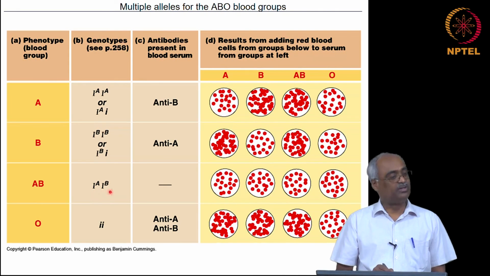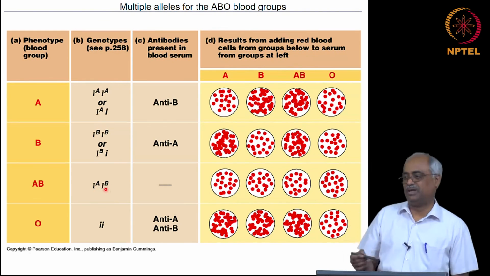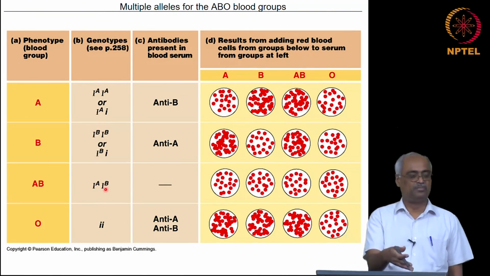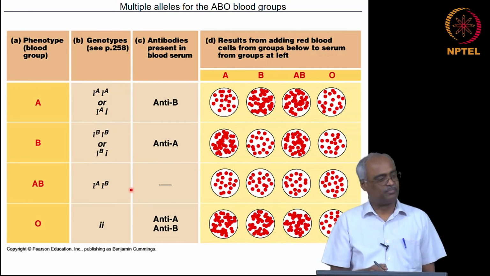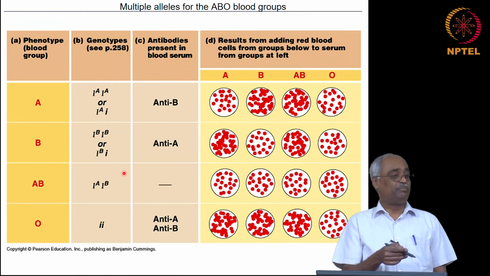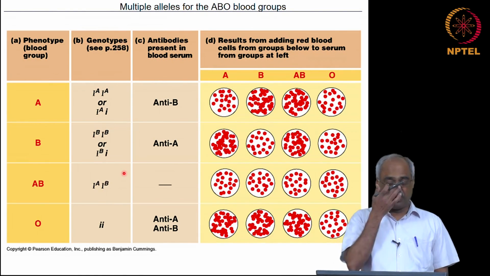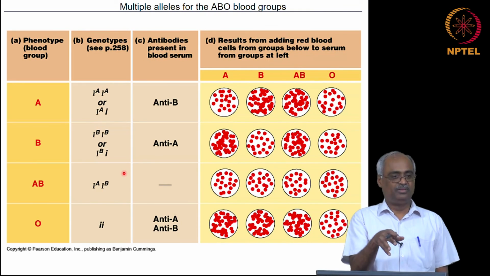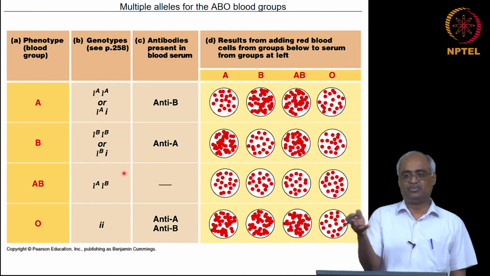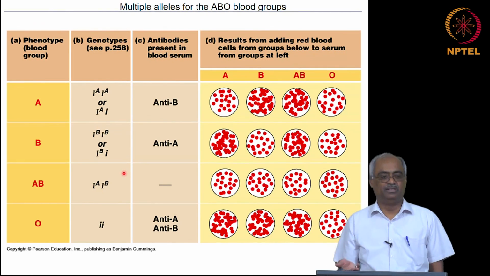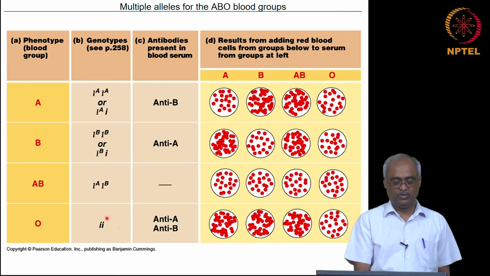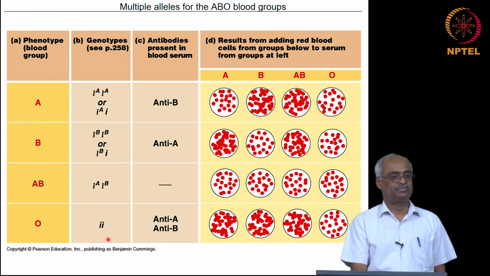And this is also possible, as I just explained, when you have multiple receptors, some could come from one allele, some from the other, and both may not be present. You probably lack both the modifications, lacking one sugar basically, and you will not have either one of the two.